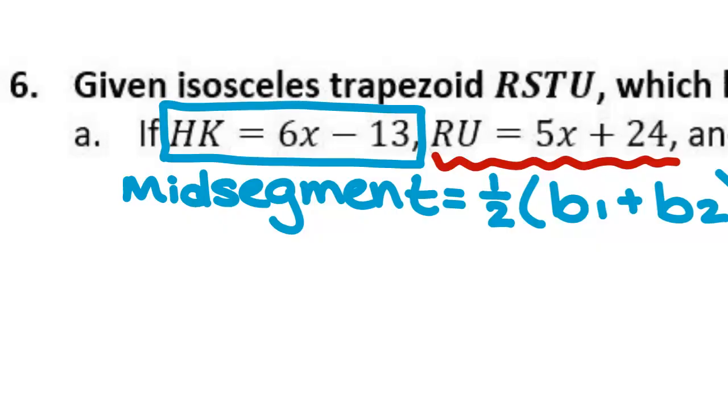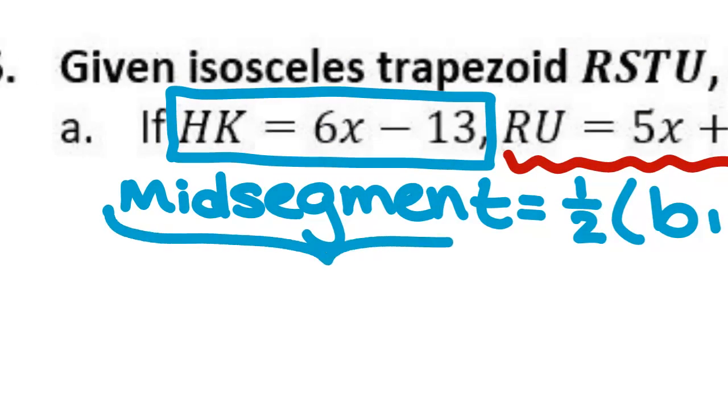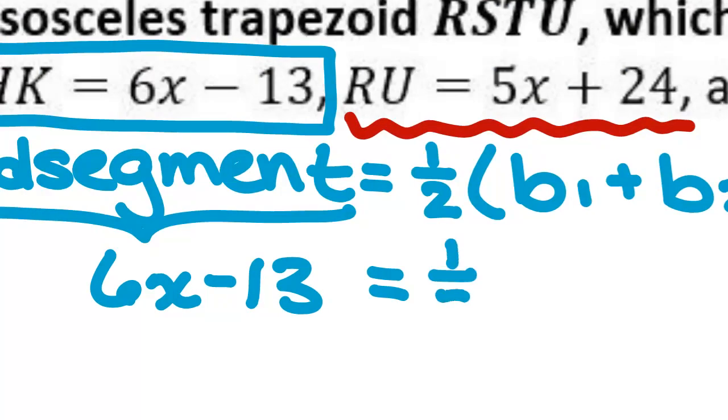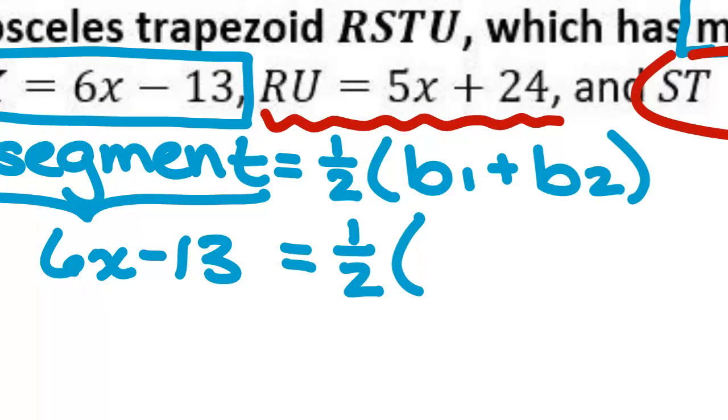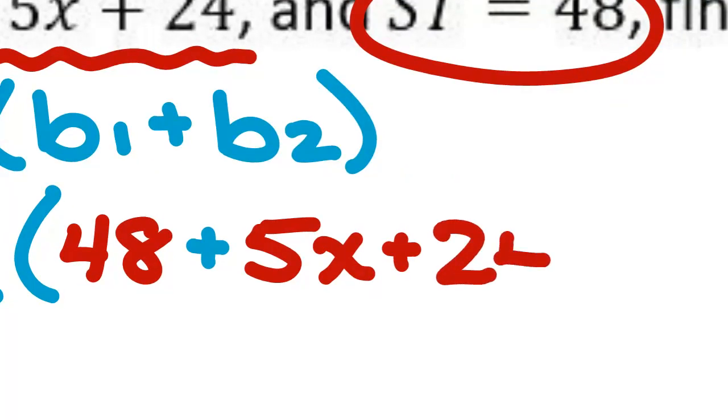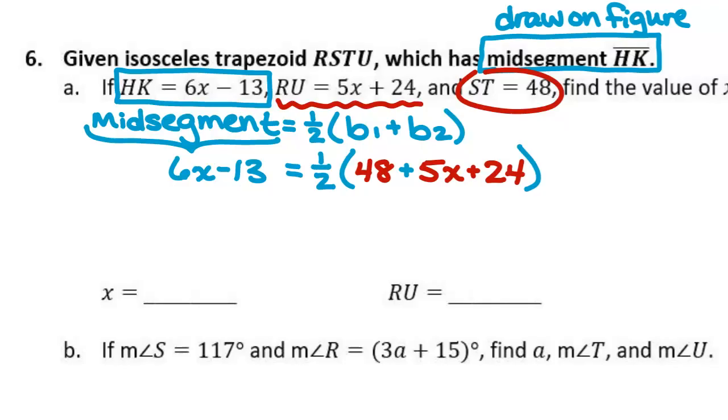What is the mid-segment here? 6x minus 13, yes. So I have 6x minus 13 equals 1/2 times, how big is base 1? 48. Plus base 2, how big is base 2? 5x plus 24. All right. We are going to solve this for x.